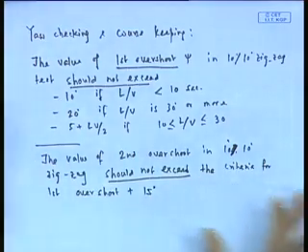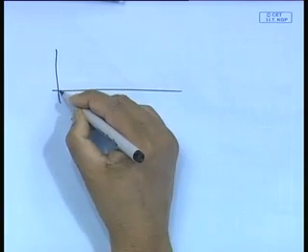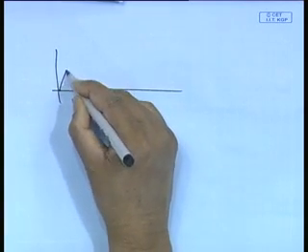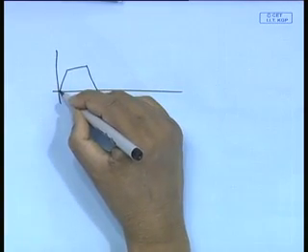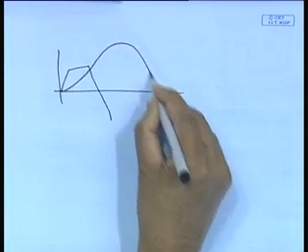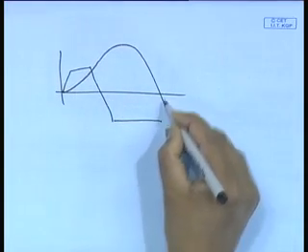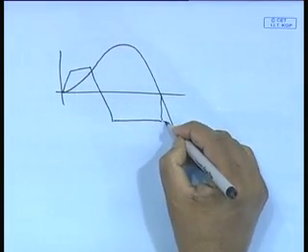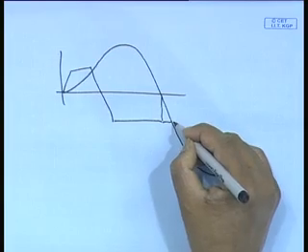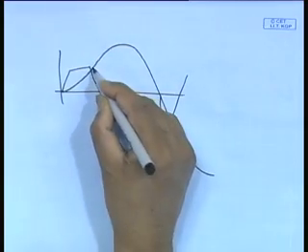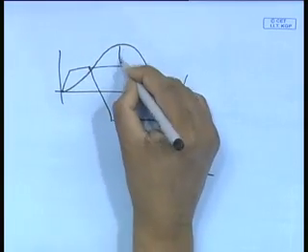See here, this is again interesting. Let me draw this diagram. This overshoots here. Say this is like that. So this is my first overshoot.